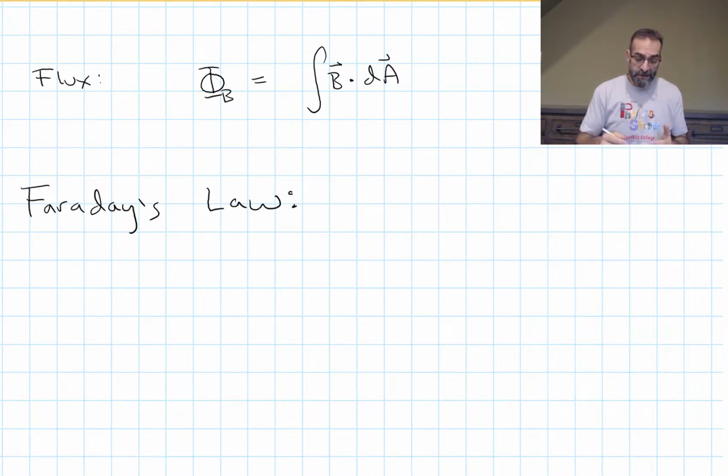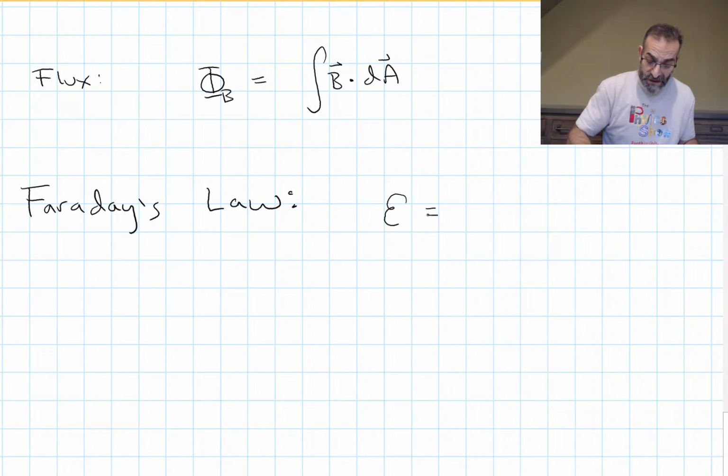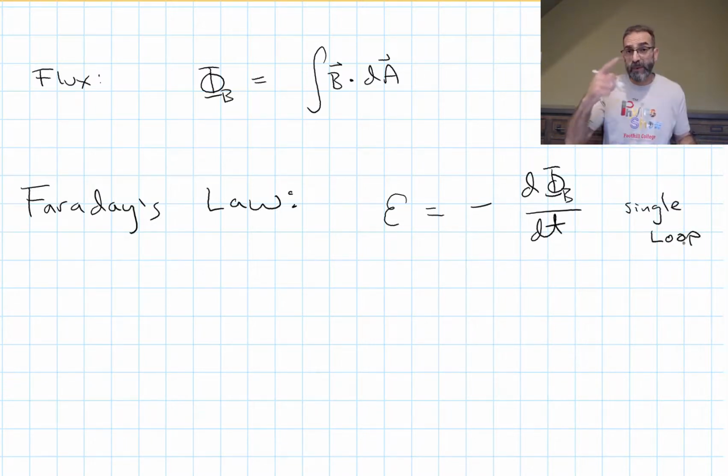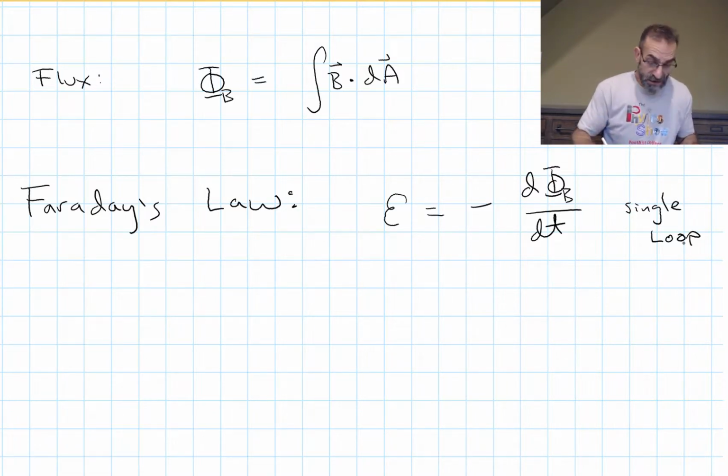So we say the induced EMF is equal to the rate of change of the magnetic flux with respect to time. We often have more than one loop because we're trying to magnify the effect that the changing magnetic field has on our circuit. So we would add the number of loops.